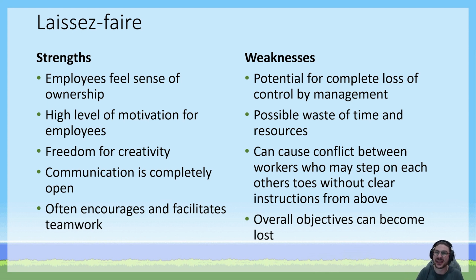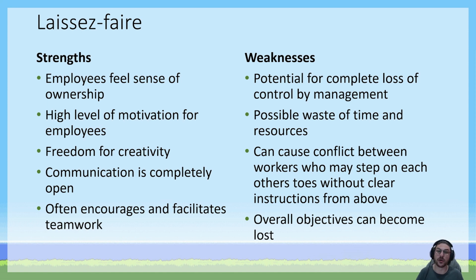It's possible that without clear lines of authority and delineation of roles, there could be conflict between workers who might be getting in each other's way or stepping on each other's toes when they try and do things that other employees think are the other employee's own responsibility.